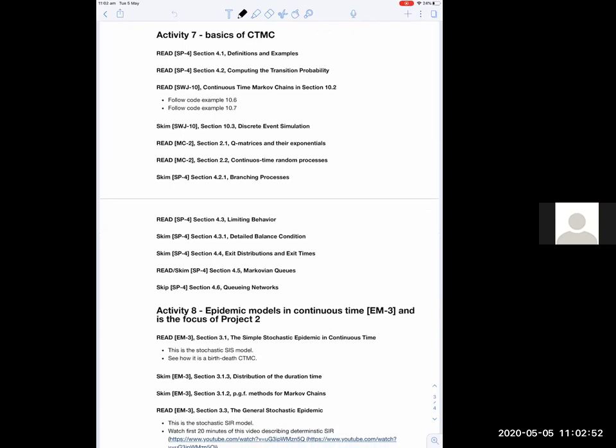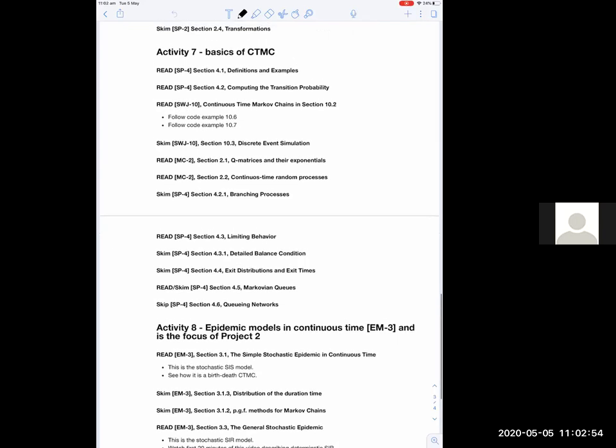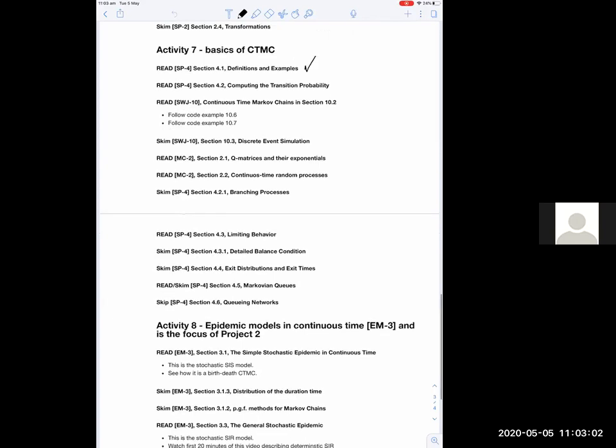All right, so let's look at activity 7, basics of continuous time Markov chains. The first thing is section 4.1, definition and examples, and I think that's where we stopped. But notice there's quite a lot of detail here.